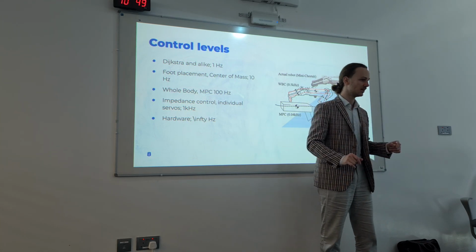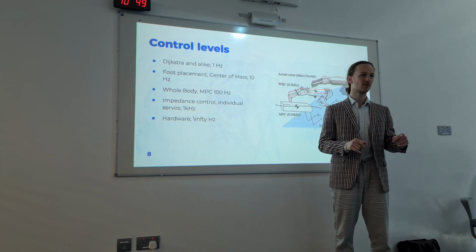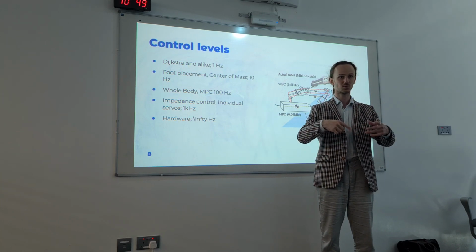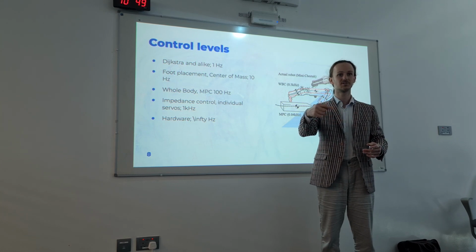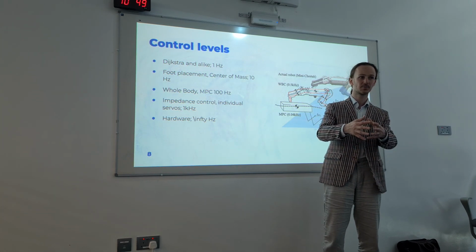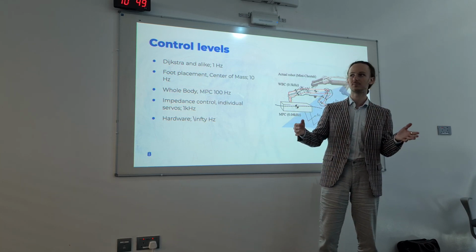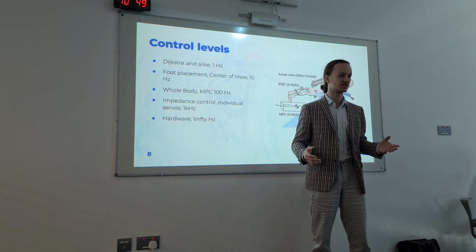The model here is more complex. The model is usually the center of mass with the dynamics. So x, y, z, x dot, y dot, z dot, meaning the time derivatives. Probably no orientation, but it depends. I'm talking about the common cases.